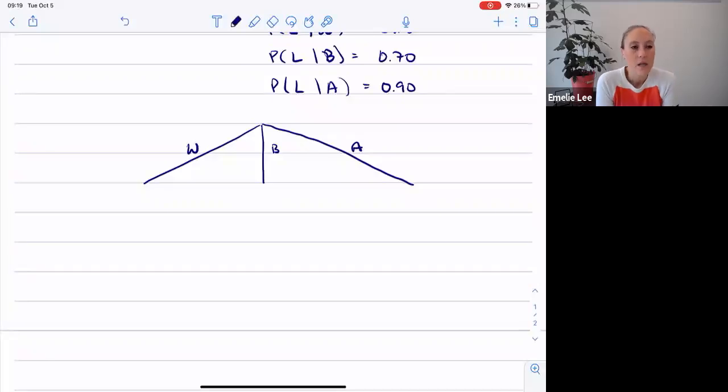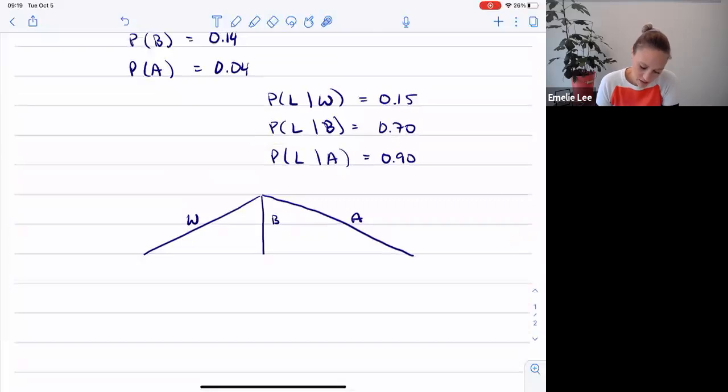Now notice that you could try to add up these conditional probabilities, but they're not going to add to 1, because they're conditional on the branch they came down. However, the set of branches below each of the races, those have to add to 1.